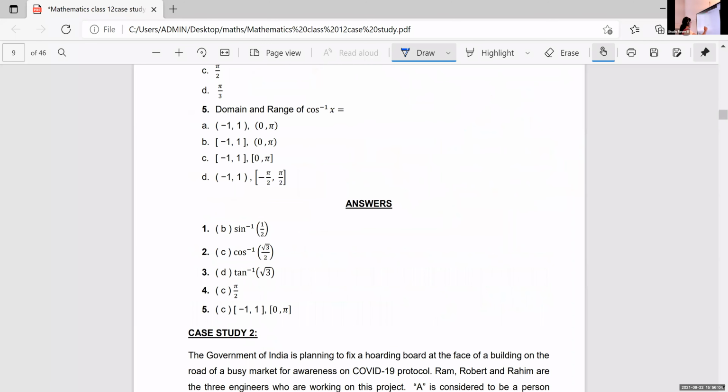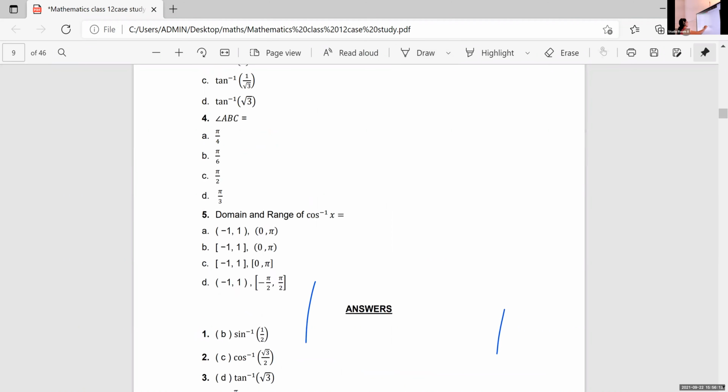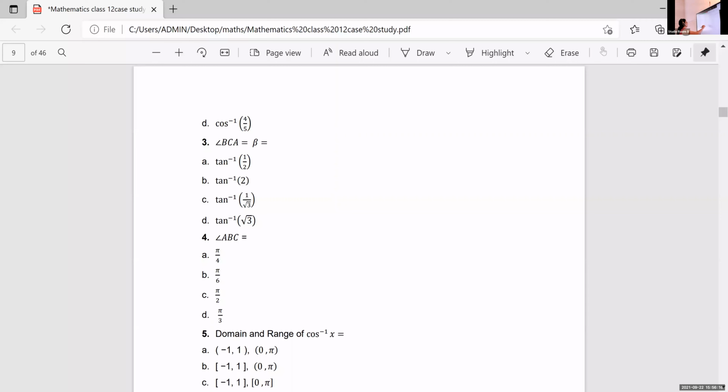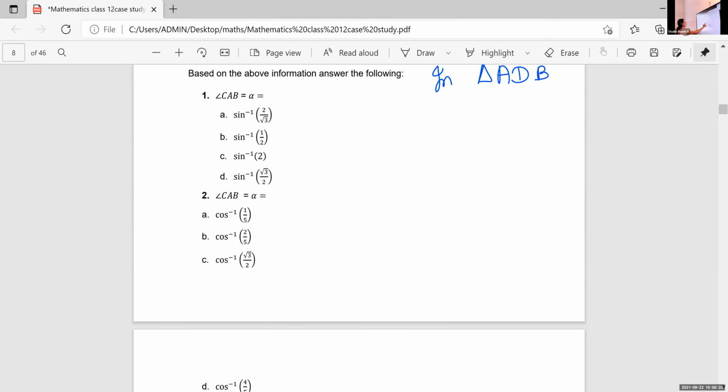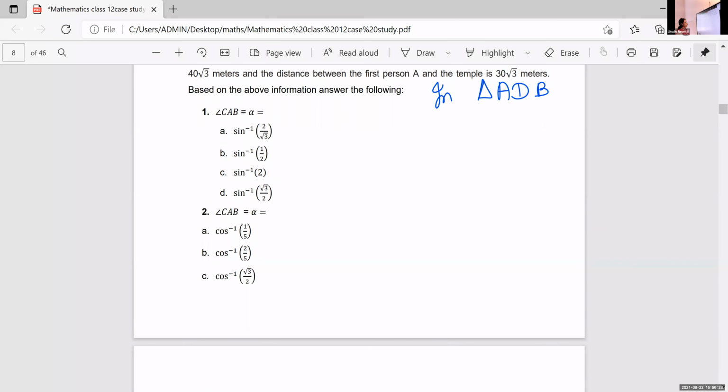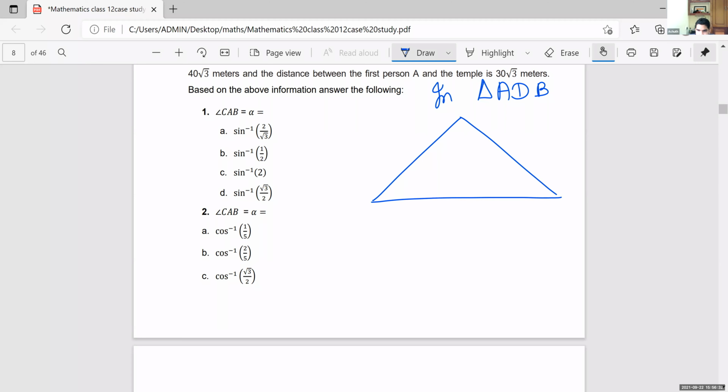So what are the options given here? For the first one, these are the options given. I'll redraw it once again here. Yes, I have shared this earlier in the beginning, the case study questions.